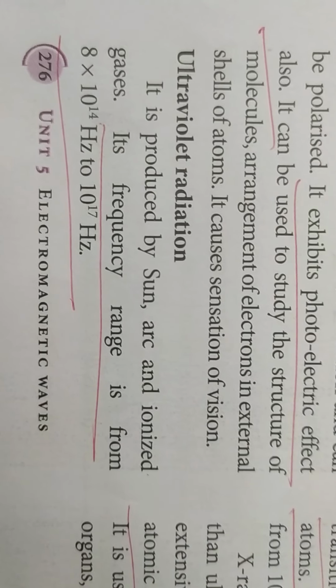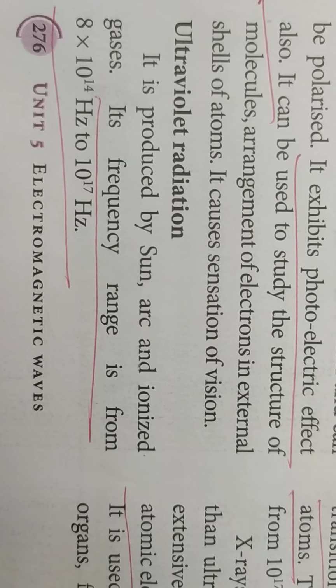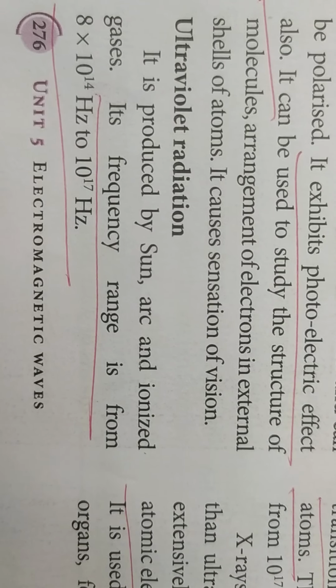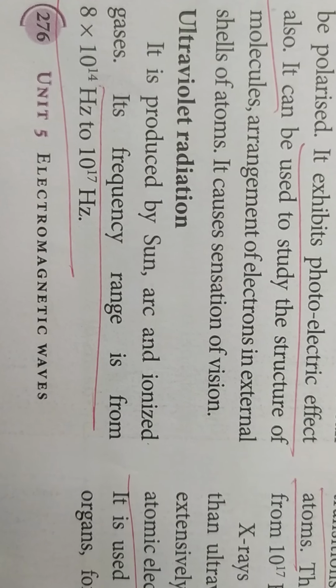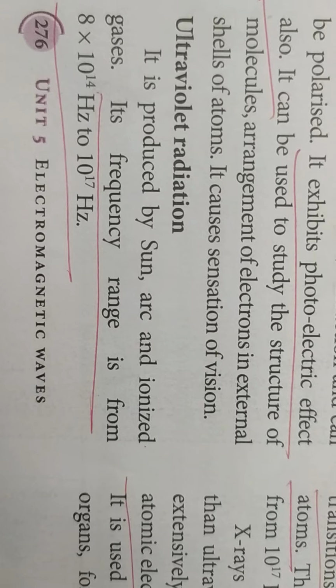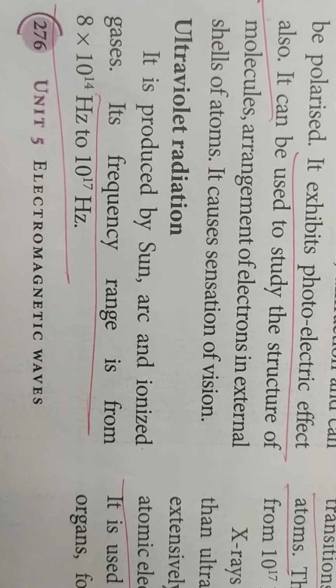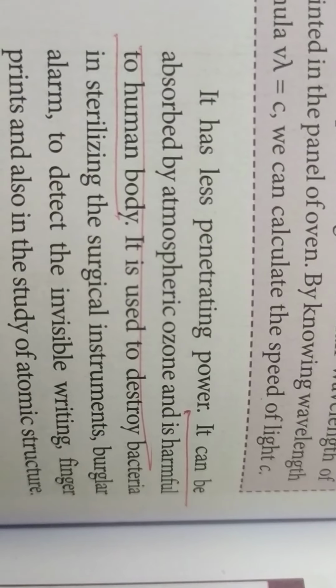Next, ultraviolet radiation. The main source is the sun, arcs and ionized gases, and even from the TV and tube light you get a mild amount of ultraviolet radiation. The frequency is about 10^15 hertz to 10^17 hertz.